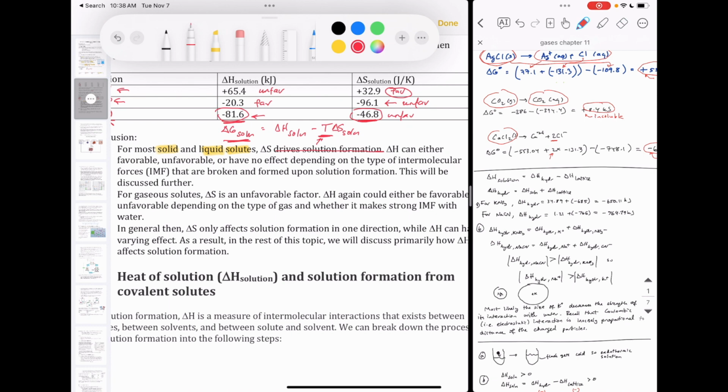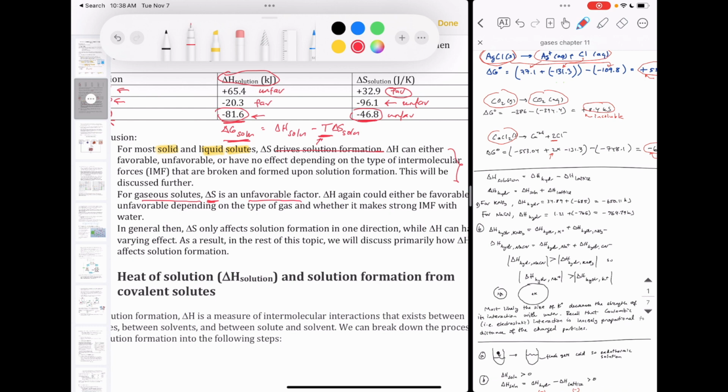Now, whether a solution actually forms or not really depends on the delta H at that point. Is the delta H favorable or unfavorable? And if it's unfavorable, is it a bigger factor than the entropy or not? Okay, and this is something we will discuss a lot more in the rest of this chapter. For gaseous solutes, as we just saw in that CO2 example, the delta S is unfavorable.